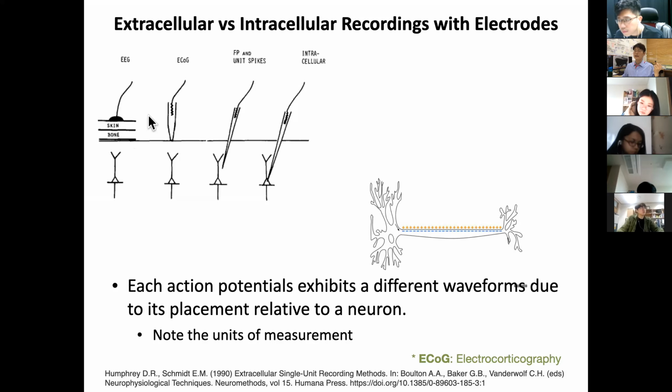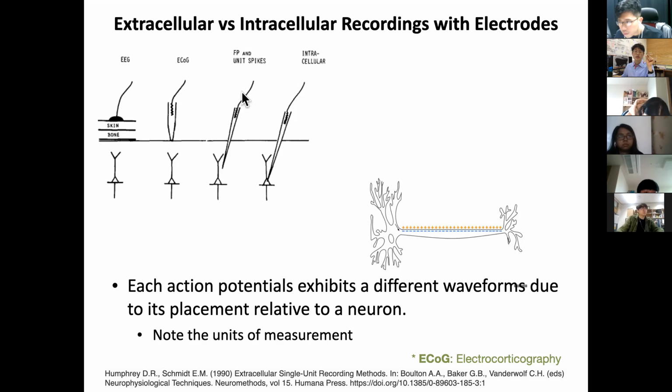In that case, you have this surgical procedure, and then you put this electrode on top of the brain parenchyma, on the pia mater, and then you measure. With skin and bone removed, electrical conductivity is way better so that you can have a better signal. And then FP stands for field potential.